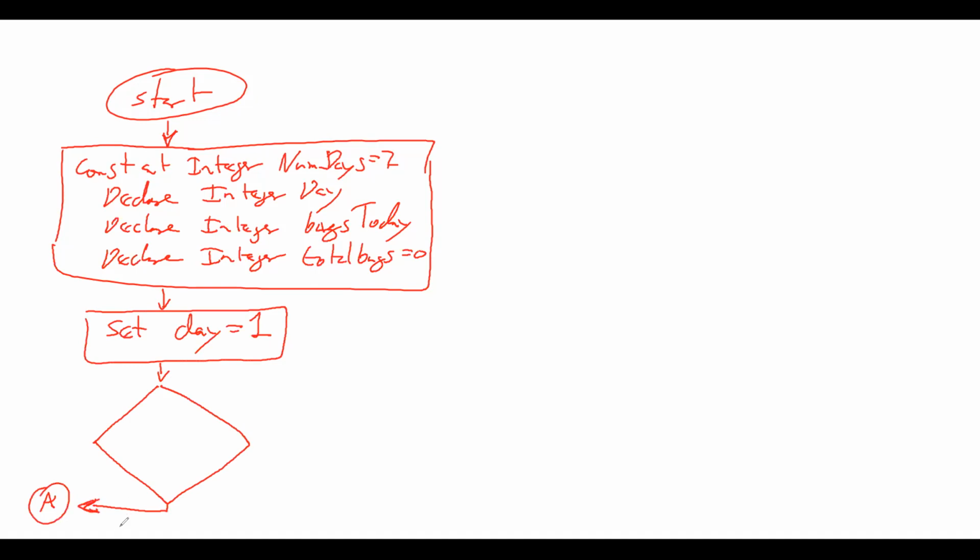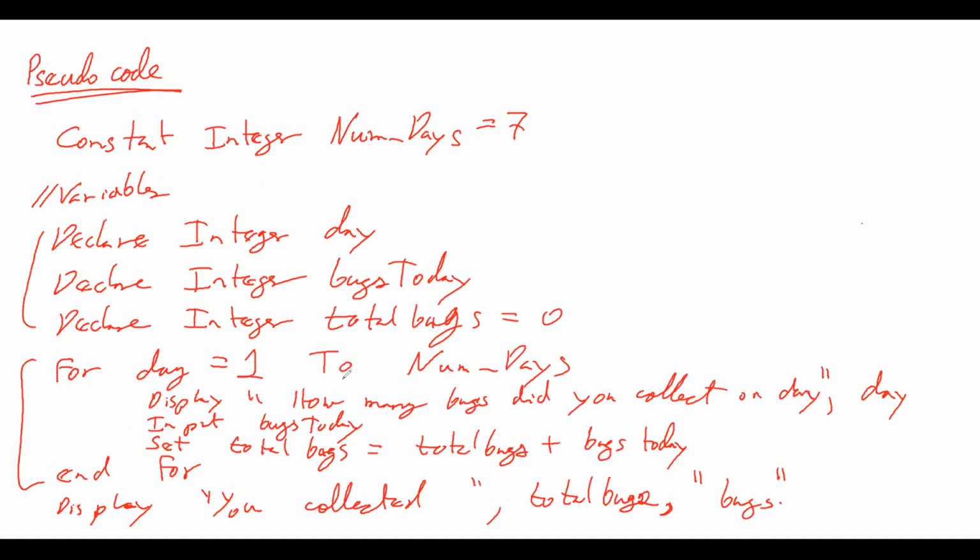This is going to be the false clause. So the question is: day less than or equal to num days? Because that's kind of the same thing we had over here for i to num days. So we're going to stop when day is greater than num days, but not before.